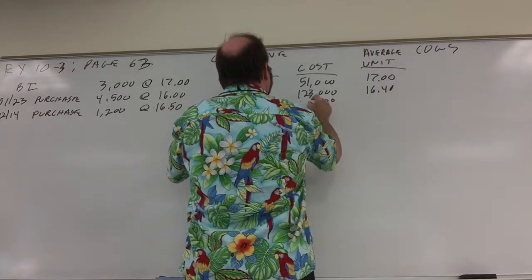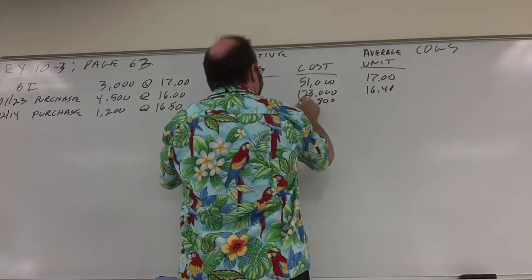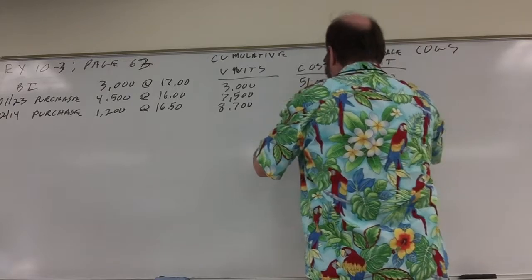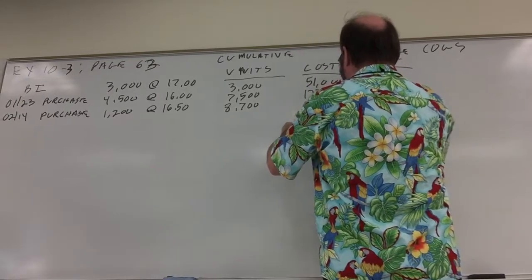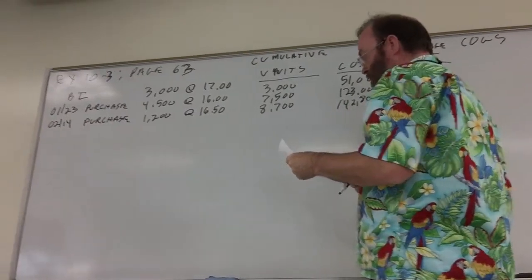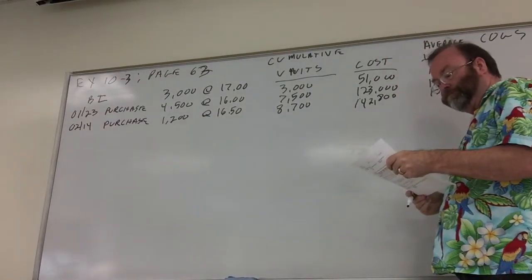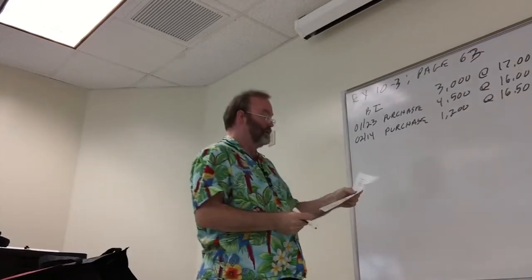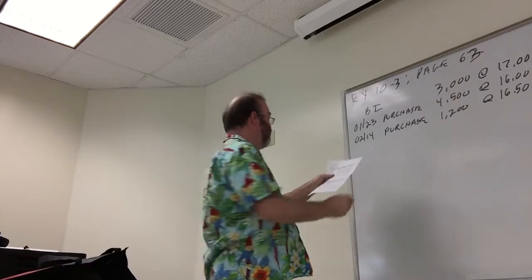Let's see, thank you. 142,800, right? Yeah. And so that's an average of 16.041. Or $16.41. Yeah, the cumulative cost column on this thing is wrong. They've got these screwy numbers, so that's why I'm sitting here trying to figure it out in my head.